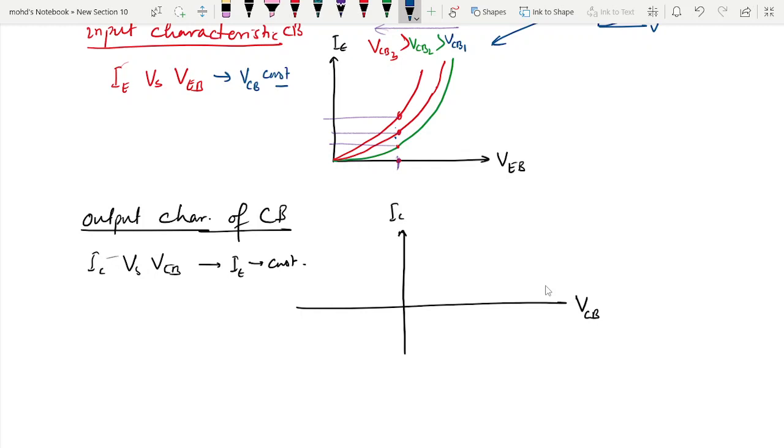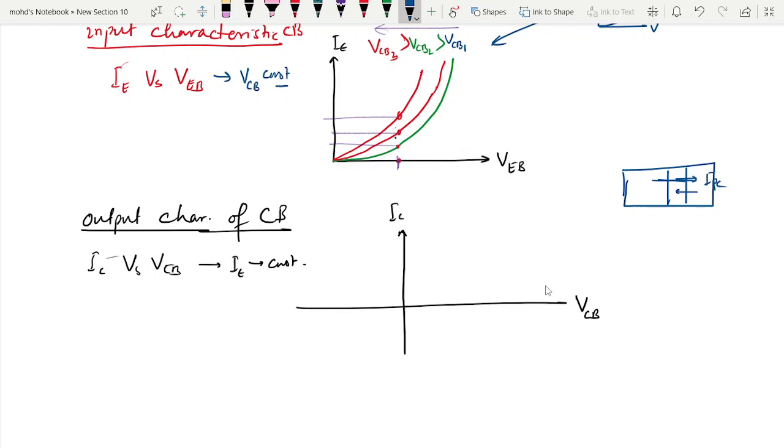The net current through a collector junction is basically a superposition of two components. The first is the current which flows due to carriers of the emitter reaching the collector region, that is the IPC, and the second is a current which flows due to carriers of base and collector when the voltage is VCB. So it is basically a superposition of two currents.